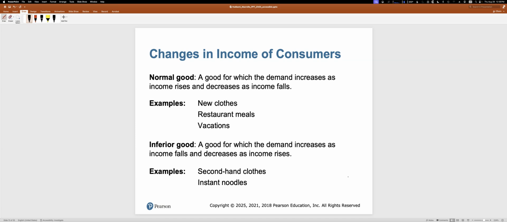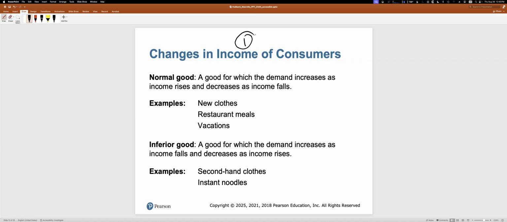So let's look at the variable number one. Variable number one being the change in income. Well, we can see this in our lives, I guess, or I can certainly see it in mine. And this would be the situation where my purchase of goods and services has changed as I have earned more income.